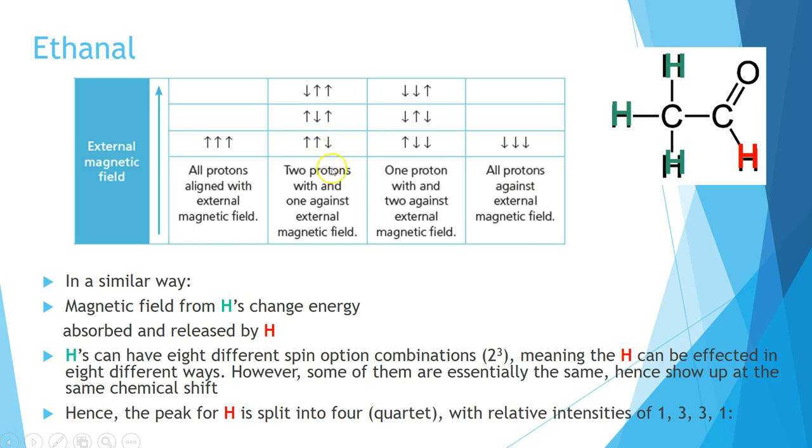Those signals all add on top of the same spot because they're essentially the same. So we get a 1:3:3:1 option when we change the way that they lie on top of each other, which is why we see a quartet and why it has the ratio of Pascal's triangle.